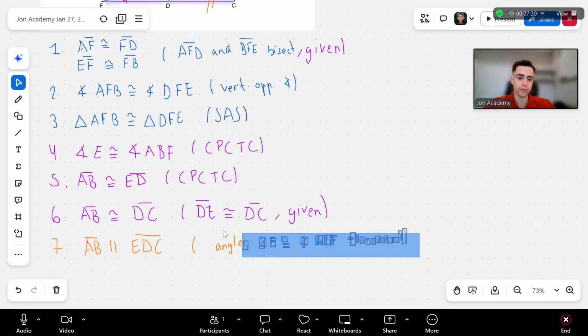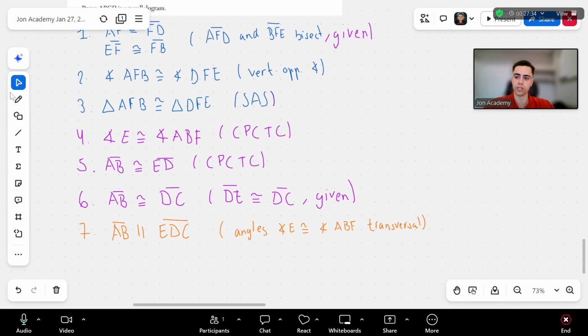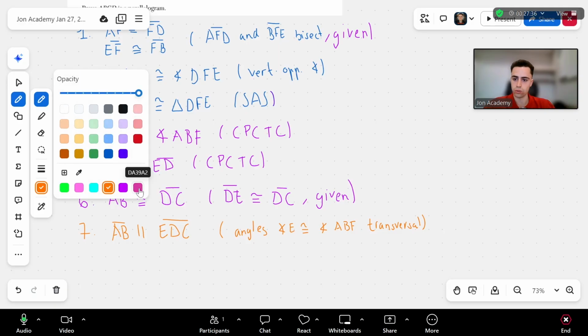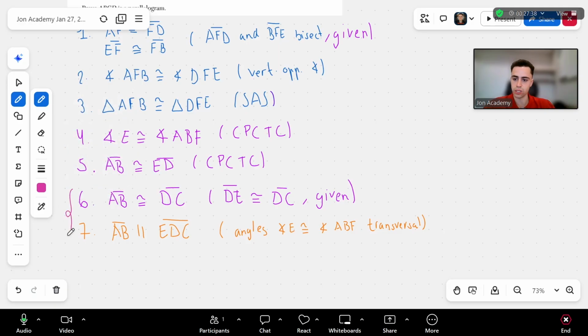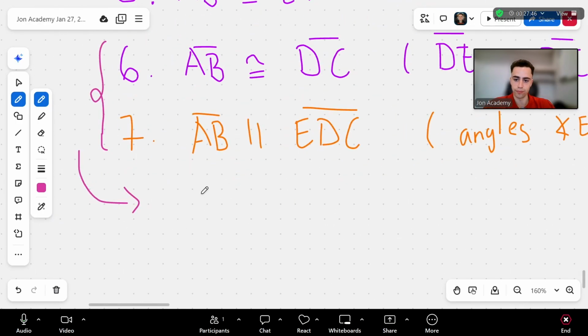So now we got everything needed, because of these last two things, basically. We can do this kind of a diagram. Because of these two reasons, ABCD has to be a parallelogram. ABCD is a parallelogram.